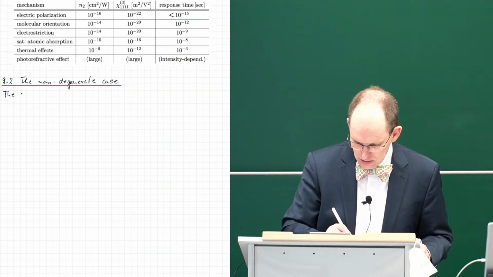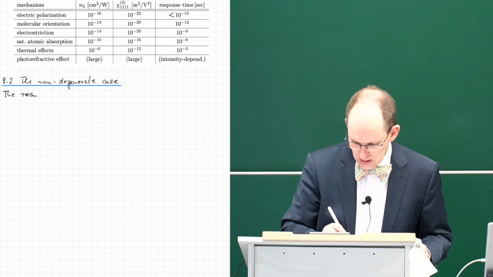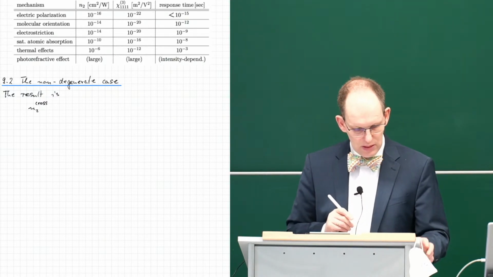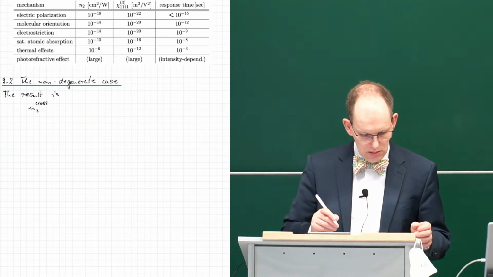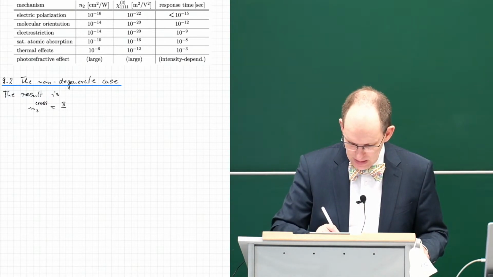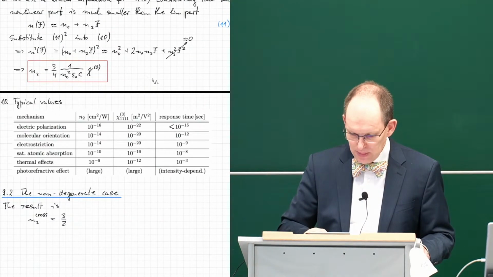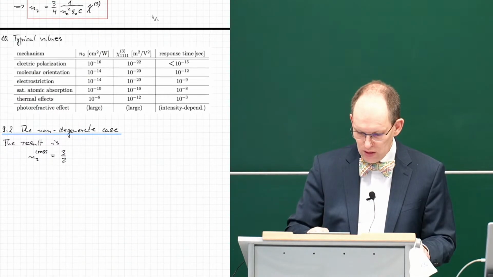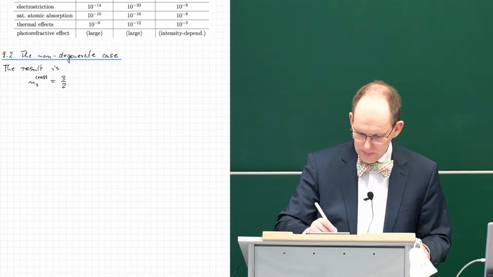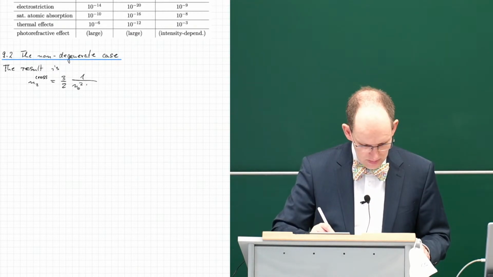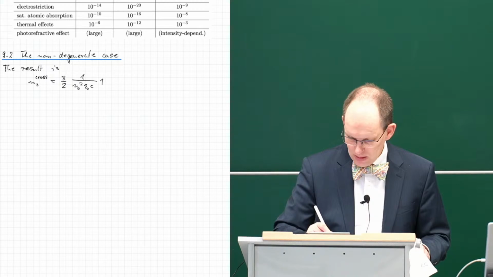So the result is that for this cross modulation of the refractive index, this is twice as large. Instead of 3/4, we have just 3/2. But apart from that, it's the same.